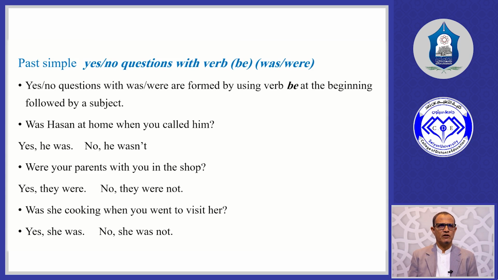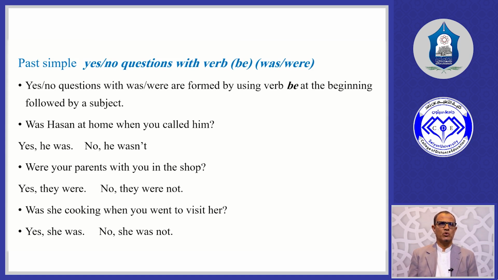Sentences with main verbs are like, for example, I played, I visited, I watched, I met my friend, I ran to the college. All these sentences are in the past. So the past simple form is the subject followed by a verb in the past form. So this is the past simple tense.